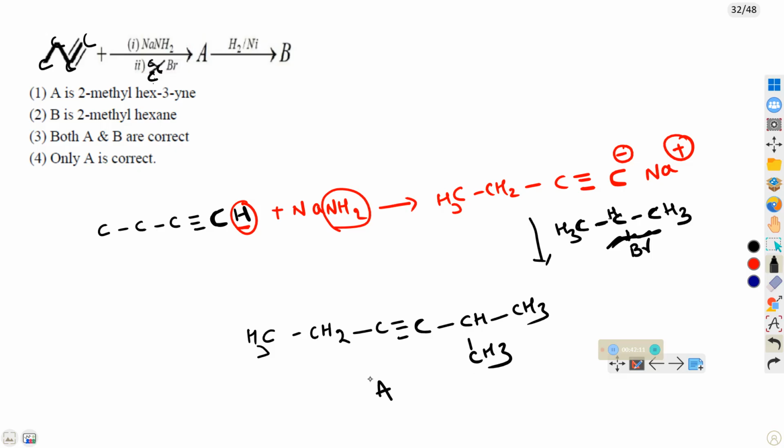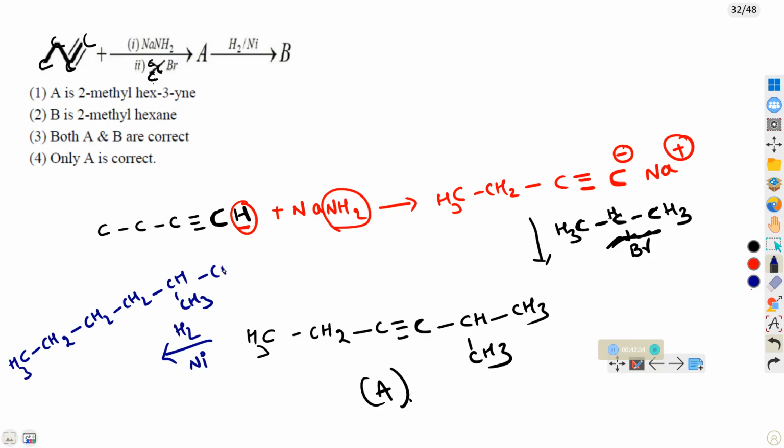This is A. Now A reacts with H2 over nickel, and reduction takes place. Alkynes undergo reduction, then it gives an alkane: CH3CH2CH2CH2CH(CH3)CH3.